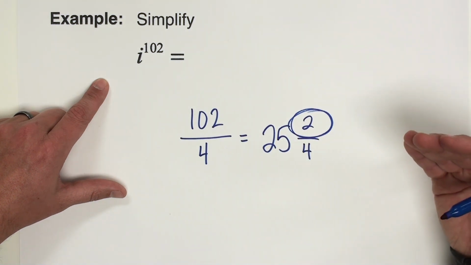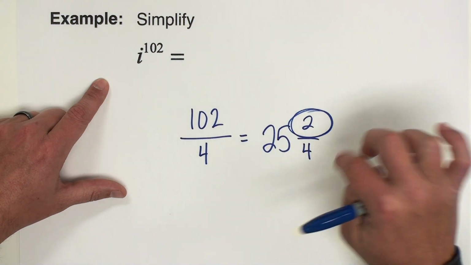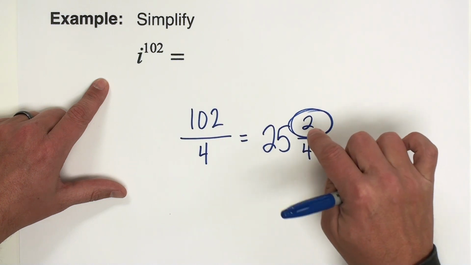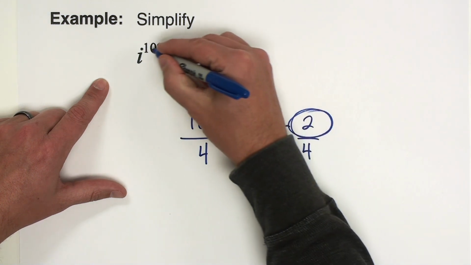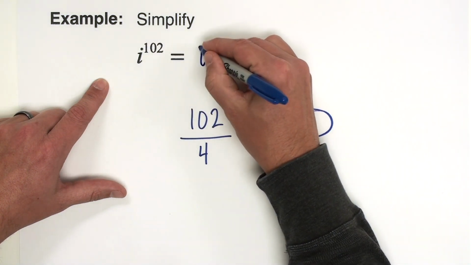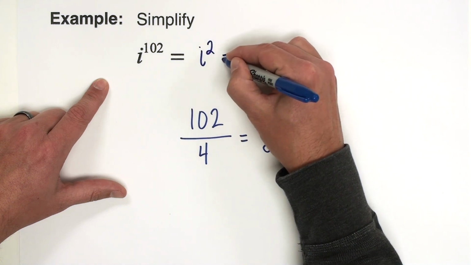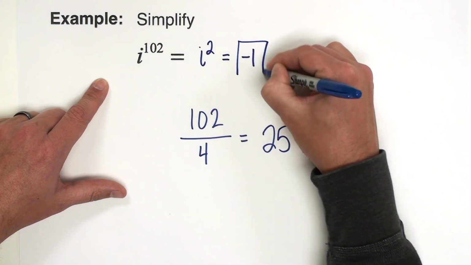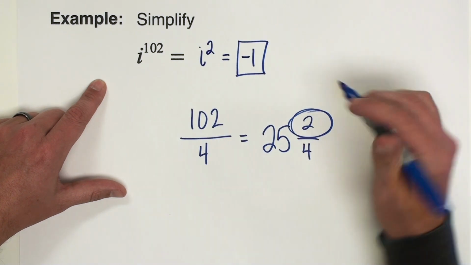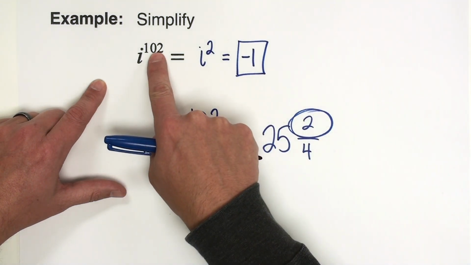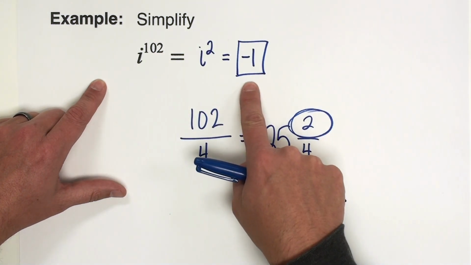So I'm not going to reduce it, because this is not really my answer. So I want the second power. i to the 102nd power is the same as i squared, and i squared is the same as -1. So i to the 102nd power is equal to -1.